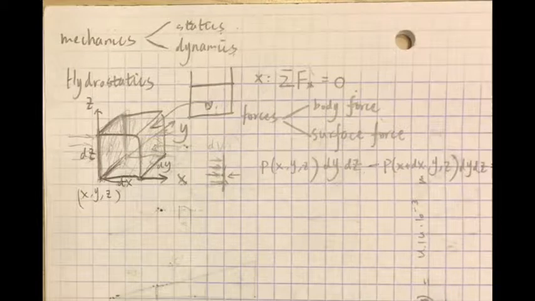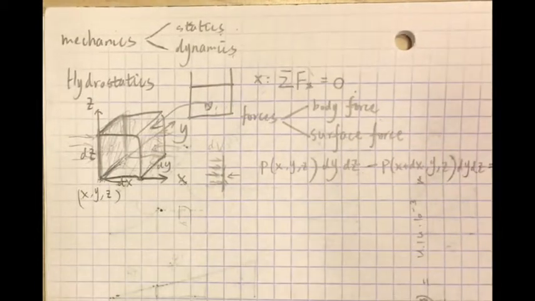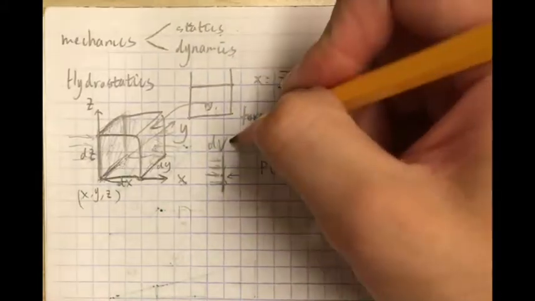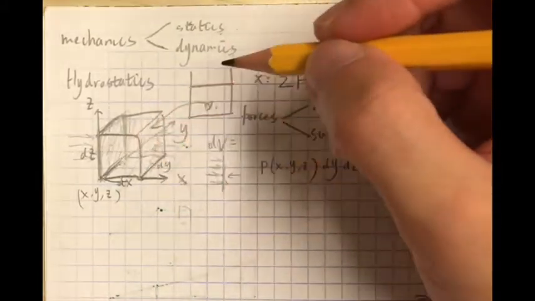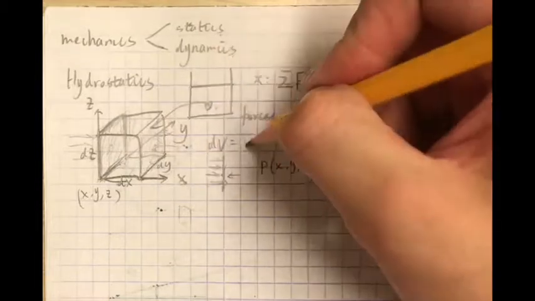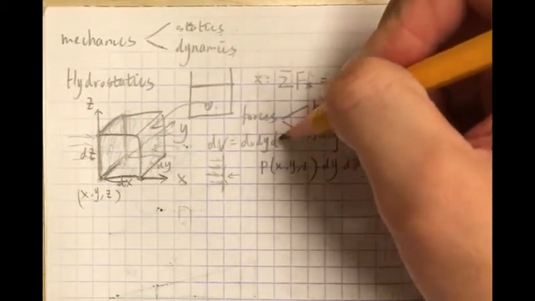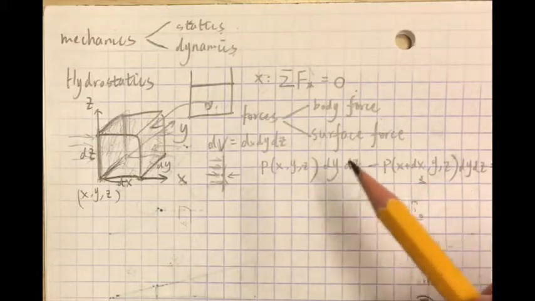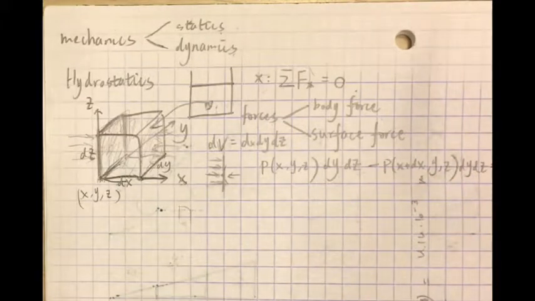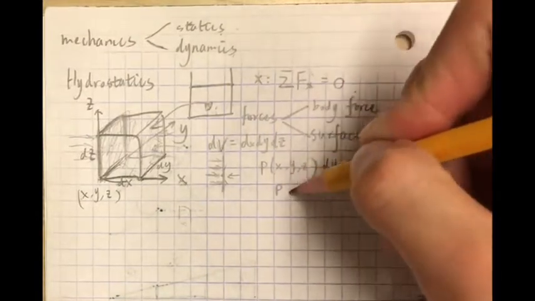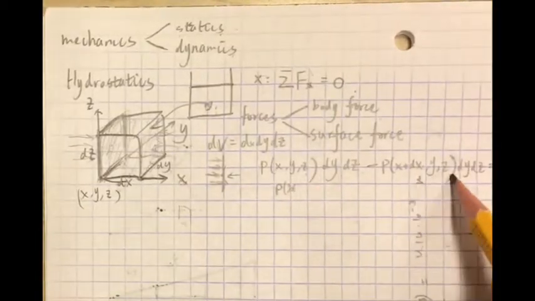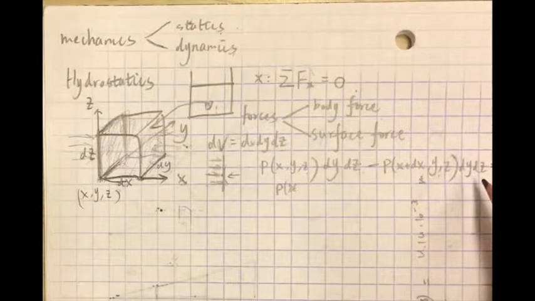Here we do a small trick. Let's divide both sides by dV. This is a cube, right? So the volume will be dx dy dz. So let's divide both sides by dx dy dz. What do we have? The y and z here are not changed, right?